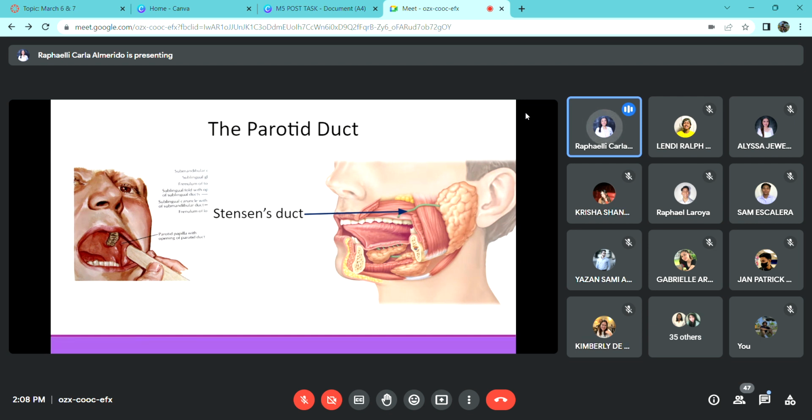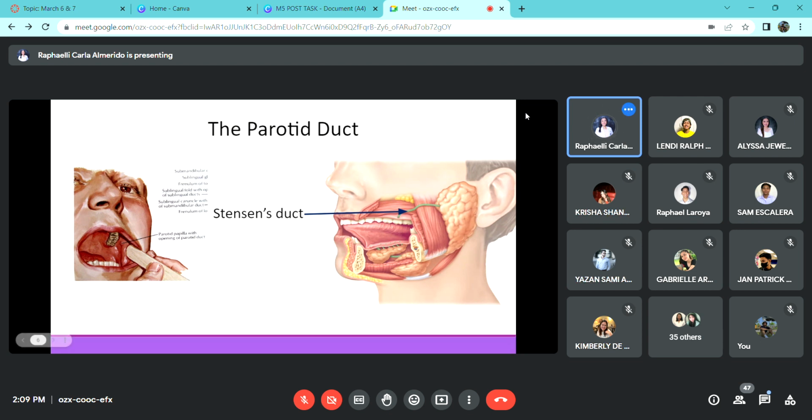Okay, so if you want to see the parotid papilla, where the parotid duct or the Stenson's duct is exiting, just refer to the second maxillary molar. Okay, so that is your Stenson's duct.